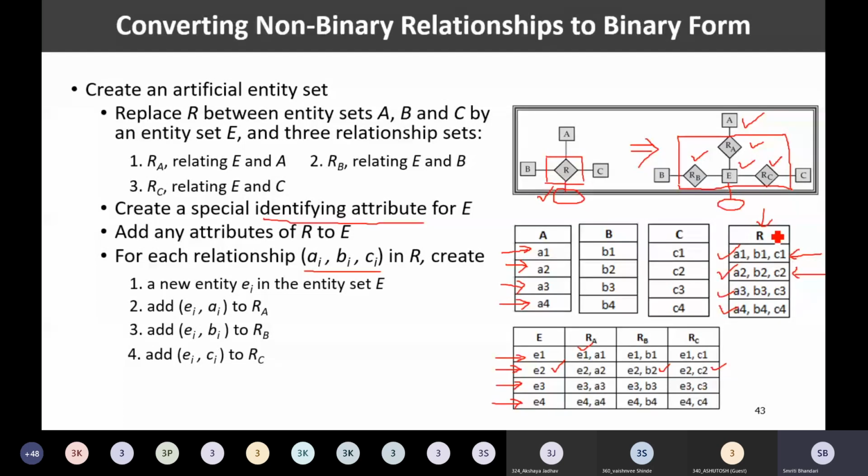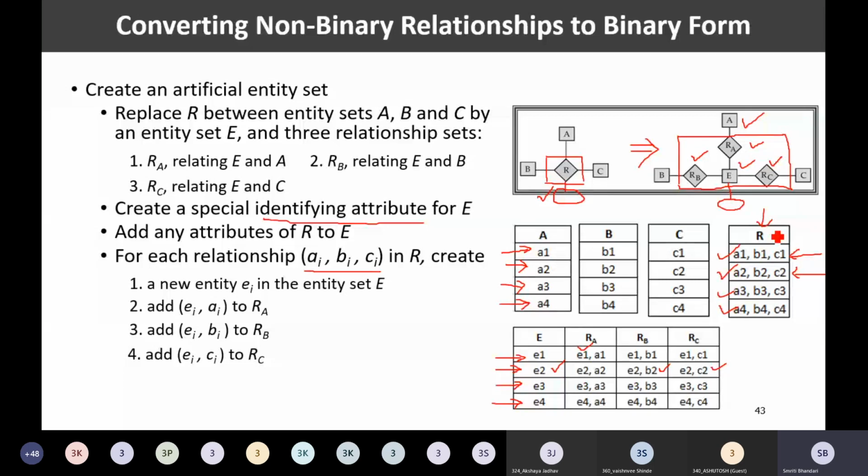So if we are having any non-binary relationship, first let us try whether it can be converted into the binary form. If it is possible to convert it without hampering the meaning, the semantics of that relationship, then definitely we should think of converting it into a binary form. And I have just demonstrated how we can convert a ternary relationship into its binary equivalent.